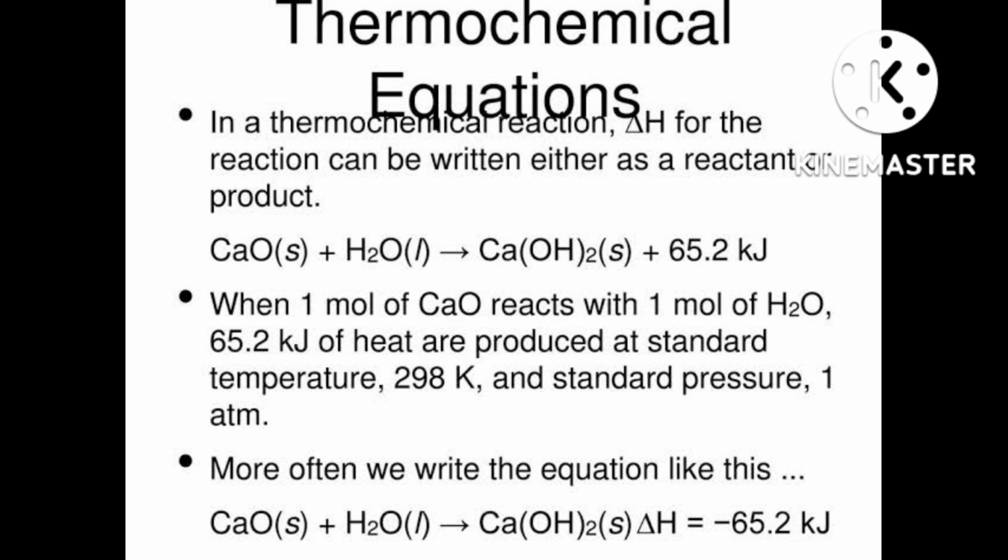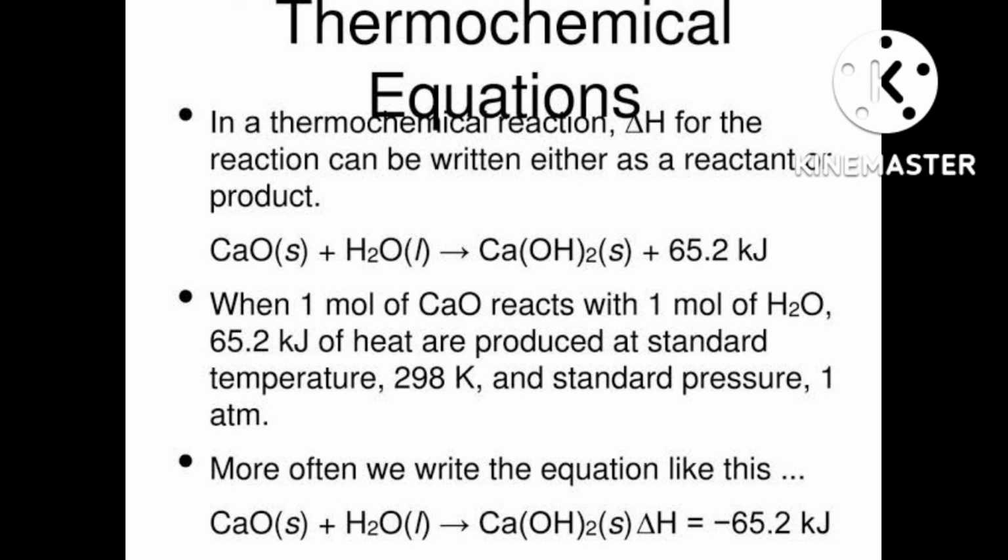But if you make the quantity half, you divide by 2 on the left side and also the right side, then the reactant becomes half of the beginning, obviously the product you will get is half of the beginning, and obviously the heat evolved will be half of the beginning, but both have the same meaning.